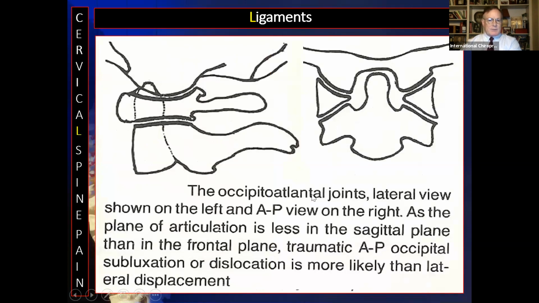So the occipital-atlantal joints on the lateral view, on the left, on the AP view on the right, the plane of articulation is less in the sagittal plane than in the frontal plane. So traumatic anterior-posterior occipital subluxation is more likely than lateral displacement for this very reason. It's just a way more stable relationship. So you don't see lateral displacement so much as you do anterior-posterior.